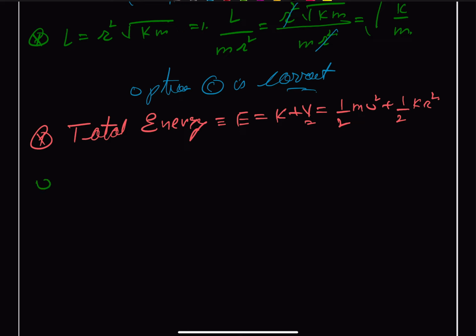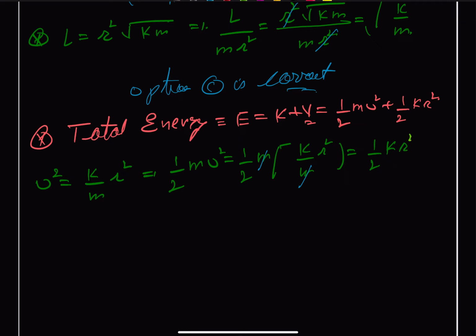We are given that v² is equal to k upon m times r², so half mv² will be equal to half m times k upon m r², and here m and m cancel out, so this comes as half kr².